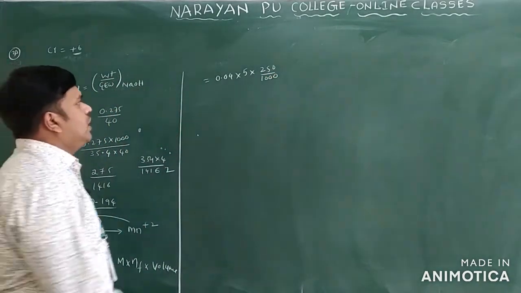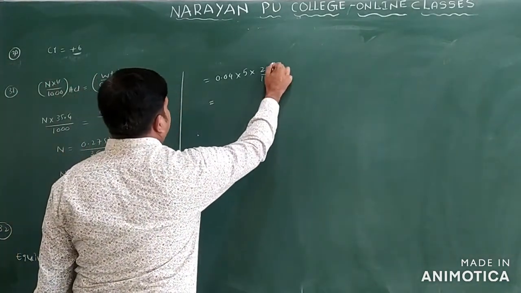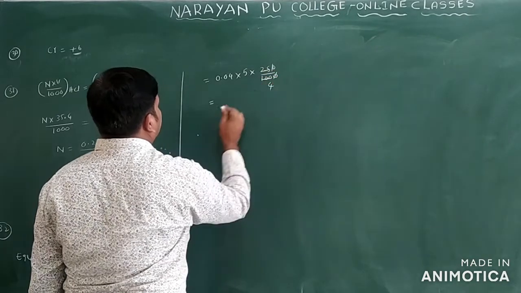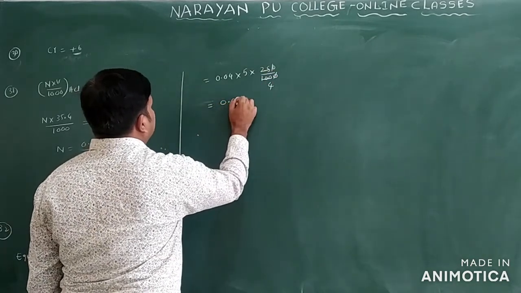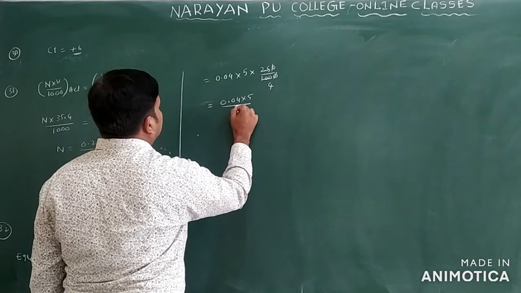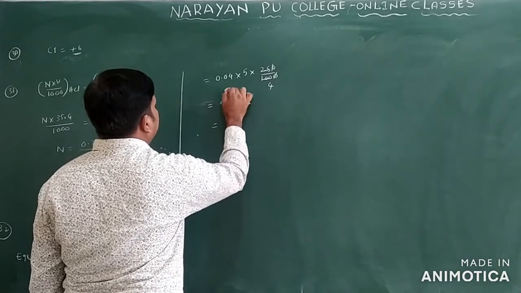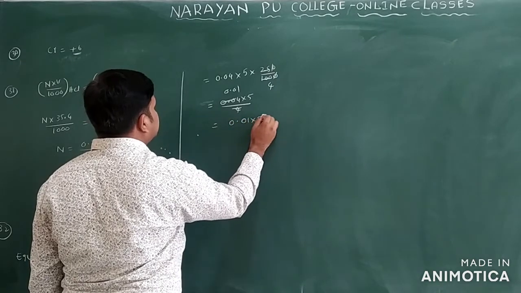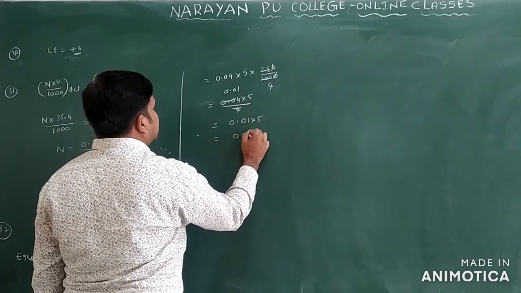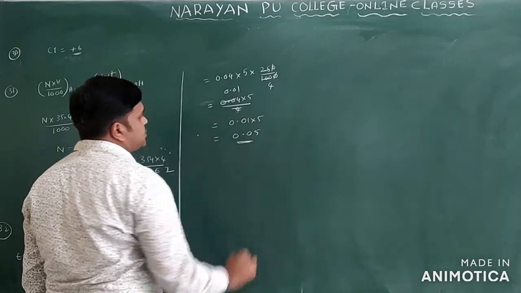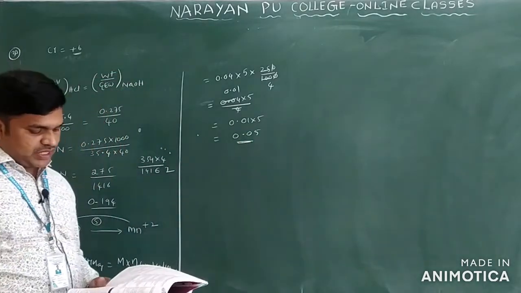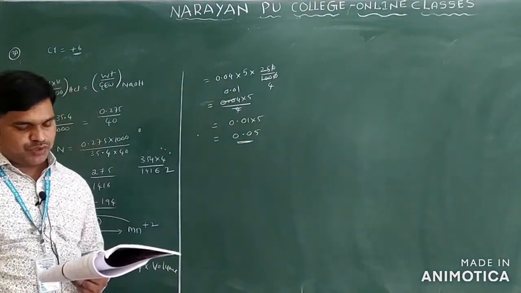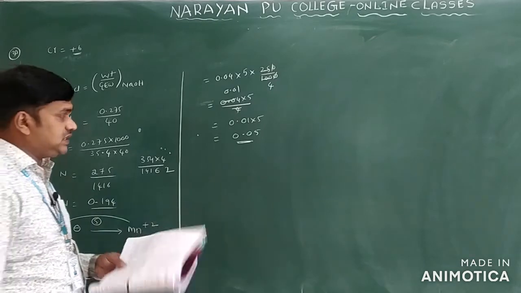Now you will see here 0 0 cancel, 25 how many times cancels? 4 times only. So you will get 0.04 into 5 by 4. This is 0.01 cancel. What you will get here? 0.01 into 5, that is equal to 0.05 only. So what is the answer for this question? Option 2 is the answer for this question.